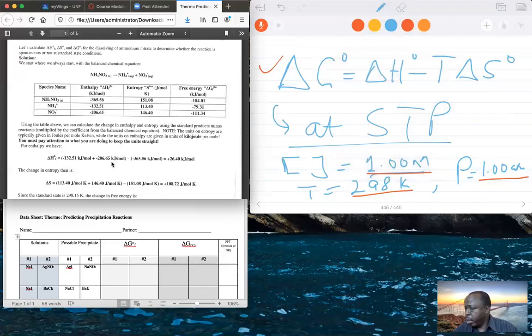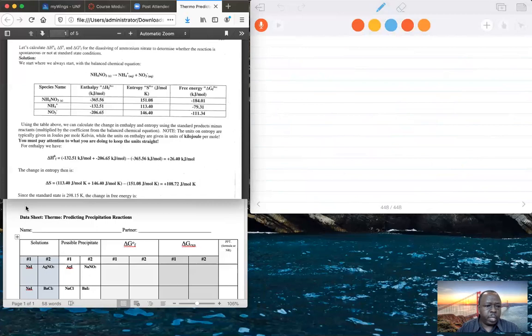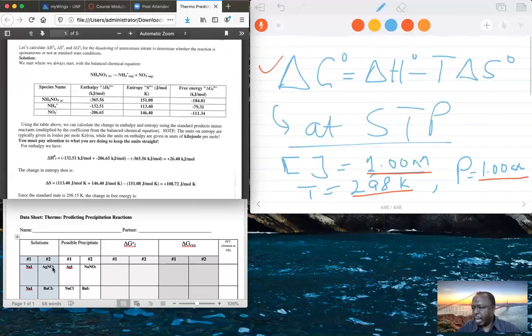The concentrations you see on the data sheet here are all around 0.2 molar. These are the concentrations of all these reagents. Pay attention to that. So the point here is we will not be working at STP, standard temperature and pressure, and we need to use a different equation other than what I just gave you earlier. This is for standard state.